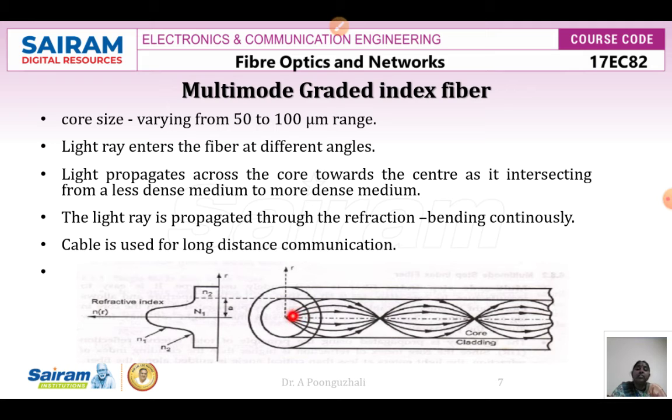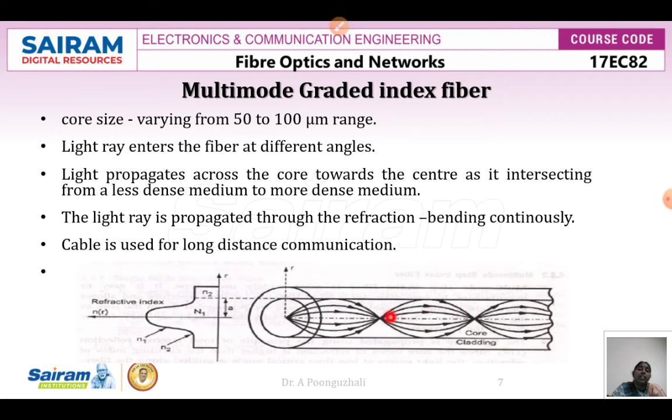So you can see that your rays are bent. Since the light goes from a higher refractive index to a lower refractive index, my wave will be refracted towards the center of the axis. And again from the center of the axis, your waveform is refracted again. It goes from higher refractive index to lower, and from lower again to higher.